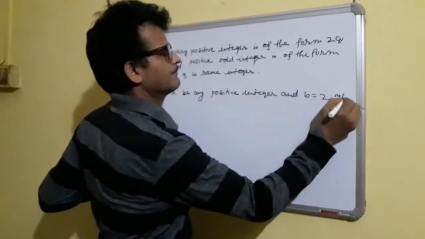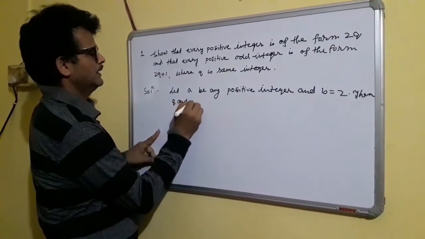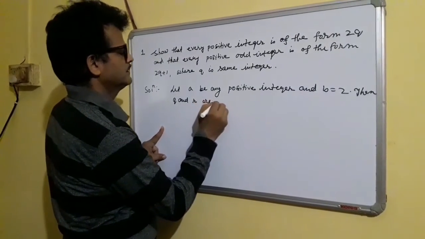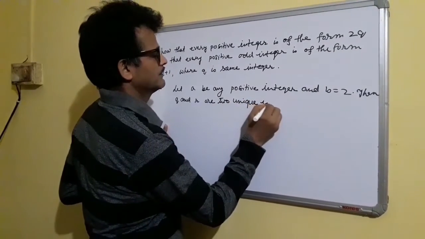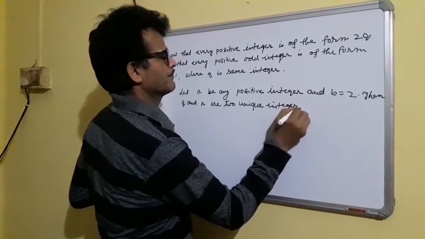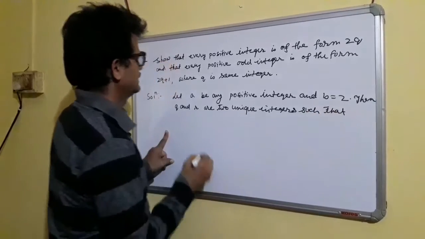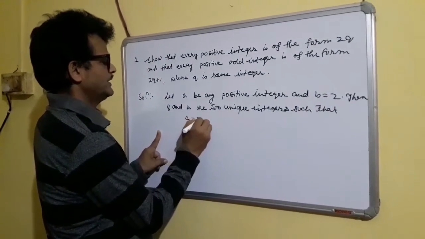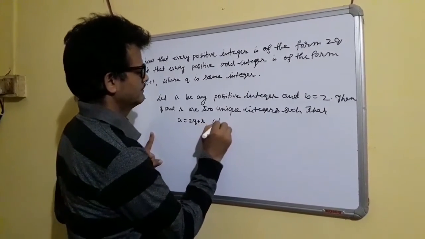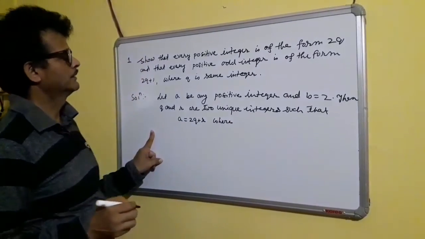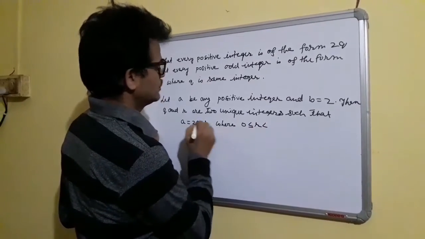Then q and r are two unique integers such that a is equal to 2q plus r, where 0 is less than or equal to r less than 2.